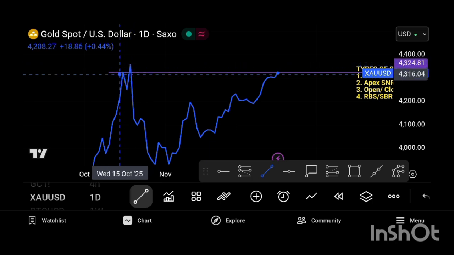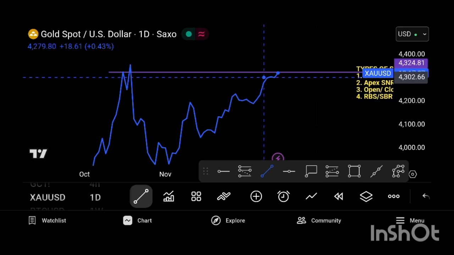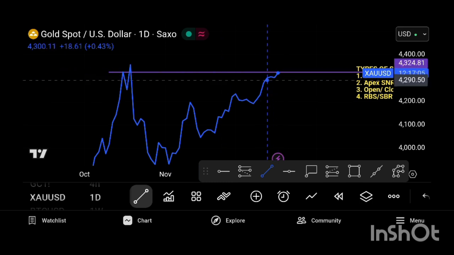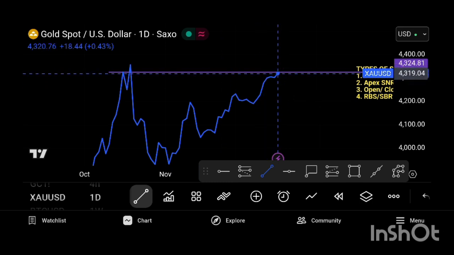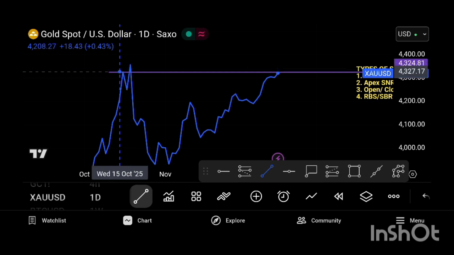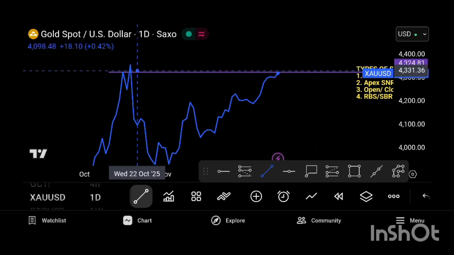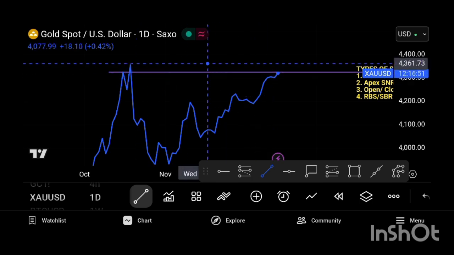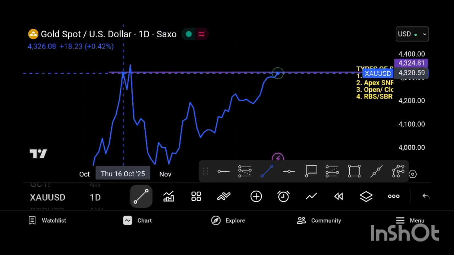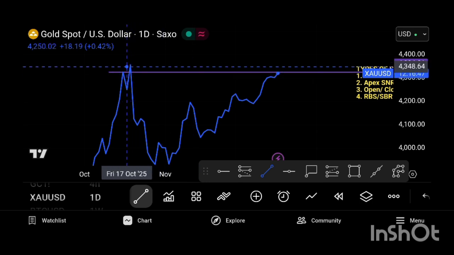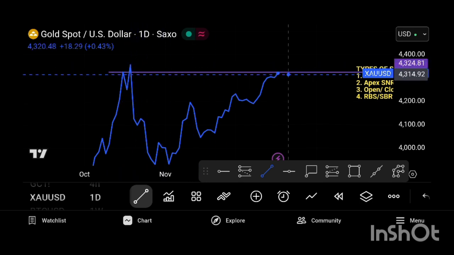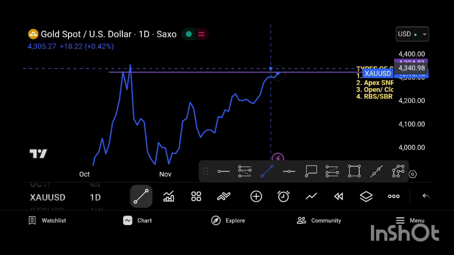Now this place is the left shoulder, and this is where price currently is, the right shoulder. So you have the head, the left shoulder, the right shoulder. This type of resistance is called left shoulder resistance, because you can see that the resistance is occurring from the left shoulder of the head in this scenario. Okay, so this is a head and shoulder pattern on the daily time frame.